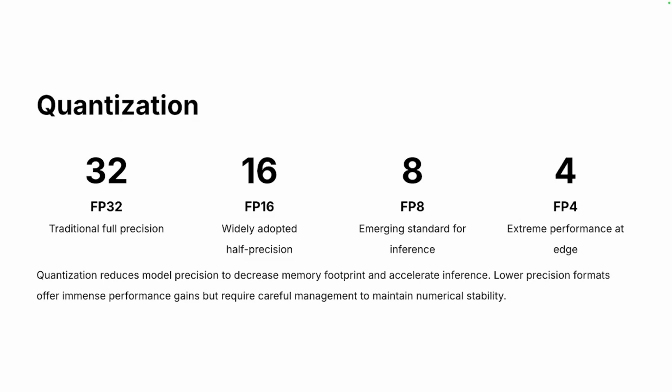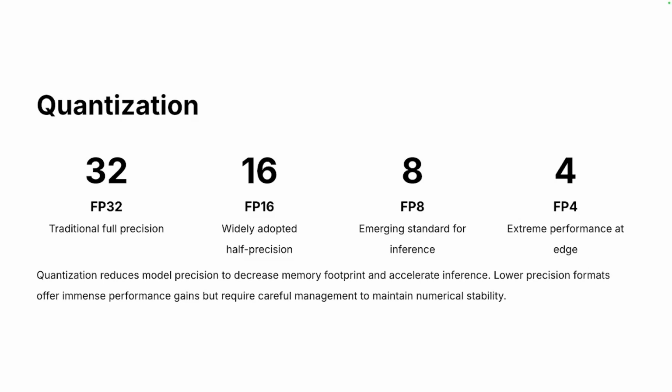And as you can see, we have FP32, which is full precision. Then you can have FP16, which is widely adopted today, which can get significant speedups and reduce memory usage. Going further, we have FP8, which is emerging as a new standard for inference.